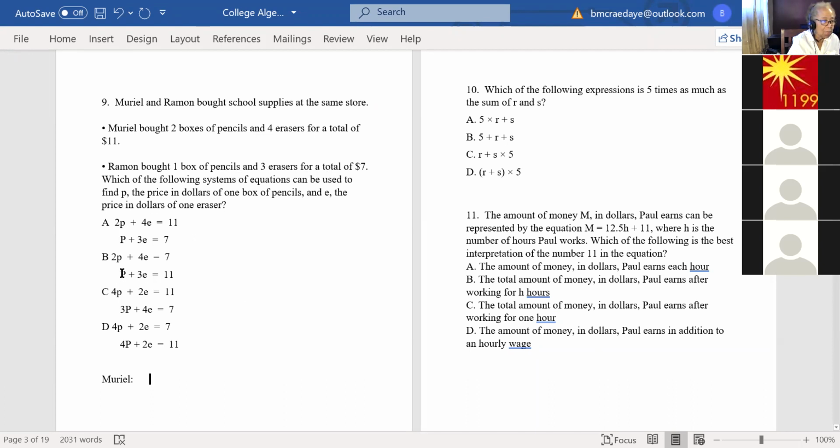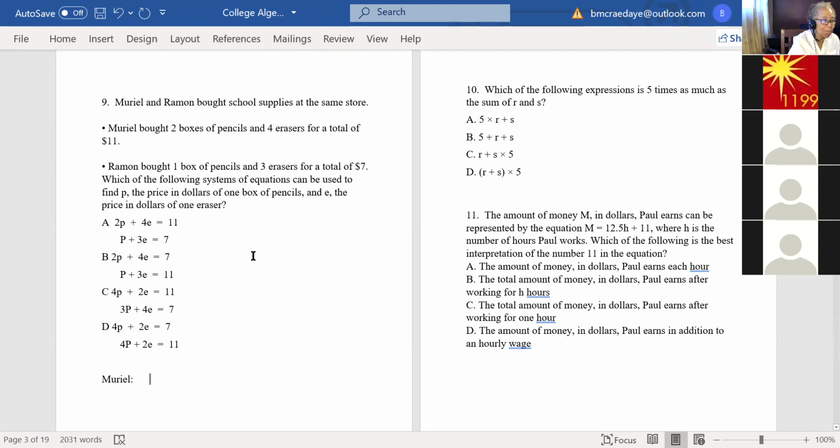So how would I write what Muriel bought? What would that be? What did Muriel buy? Tell me what to write. 2 boxes of pencils. Tell me how to write that as an expression. We already know that P is pencils and E is erasers. We don't have to say that because you can see from the answers that they use P for pencils and E for the erasers, right?